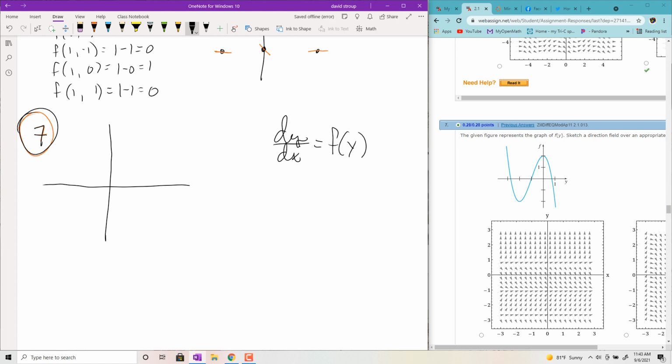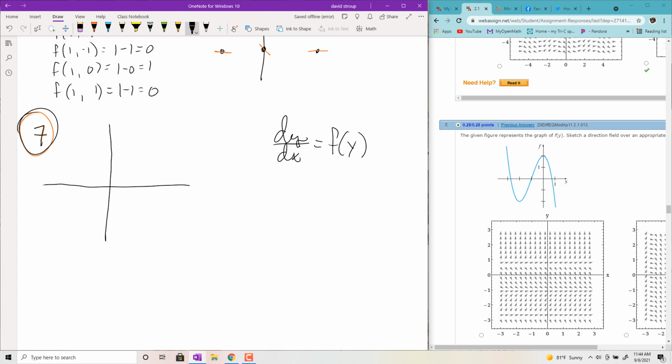So there's no x part of it. And what does that mean? That means all of the tick marks are going to be going in the same direction at any given line y equals c, like y equals 0, all the little tick marks on the x-axis are going to be going in the same direction. Okay, all of the lineal elements or line elements, whatever they're calling them.